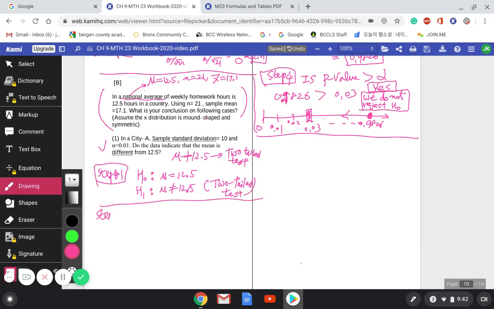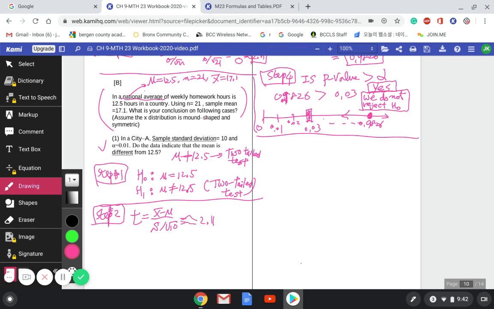Step 2, you have to calculate the t-value. So again, t-value is x bar minus mu over s divided by square root of n. When you do that, you get about 2.11 again.